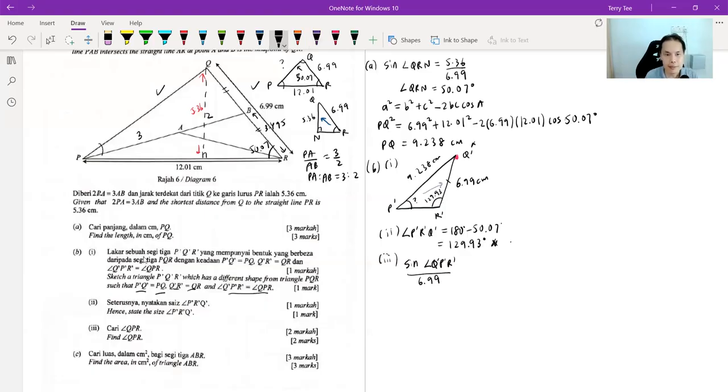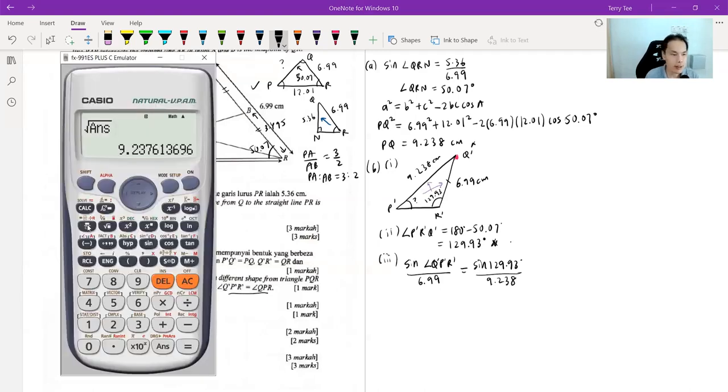Then we know that sine of angle 129.93, we can divide by its opposite length. The opposite length is 9.238. Let's use our calculator. Let's take sine of 129.93, we divide by 9.238.